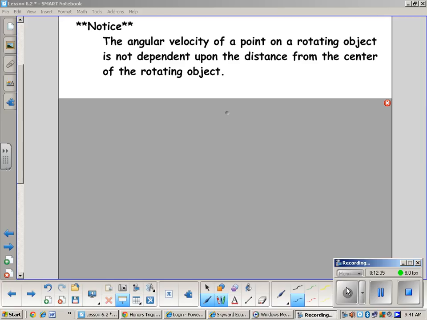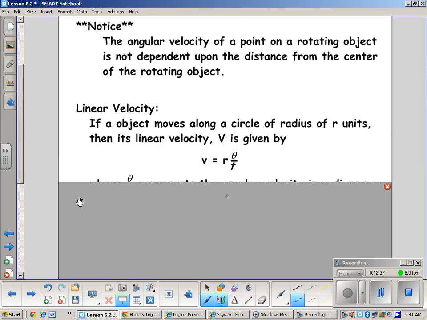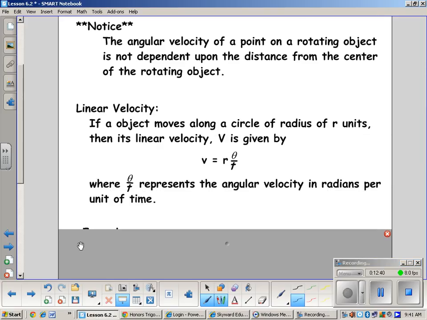If we want to know how fast the linear velocity is, then all we do is take our angular velocity and times it by the radius of the circle. It says if an object moves along a circle of radius r units, then its linear velocity v is given by the formula v equals r, the radius, times theta, angle displacement, divided by time.